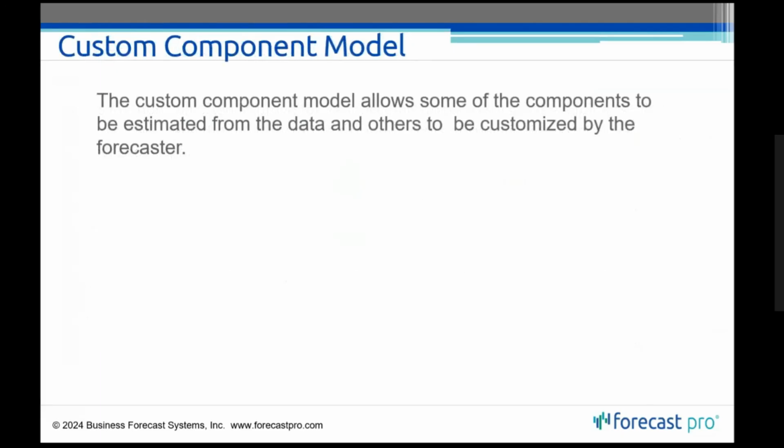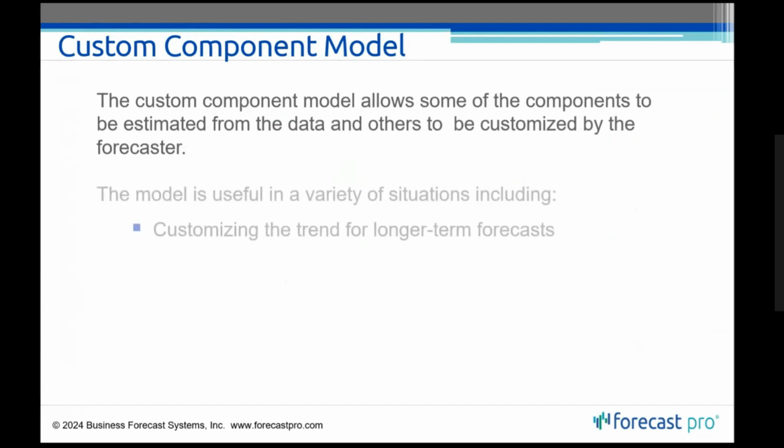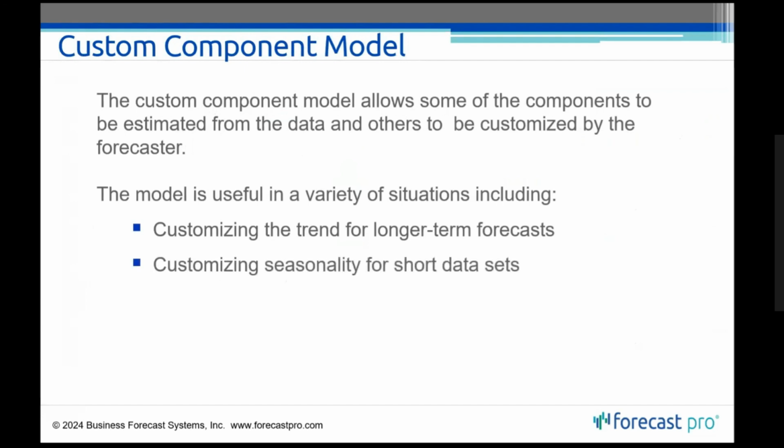We walked through the custom component model. So I've already talked about all of this, but basically, we can customize some of these components and let other ones be estimated from the data. It's useful for a variety of situations, customizing the trend for a longer term forecast. That's the example we showed. Customizing seasonal patterns for short data sets.